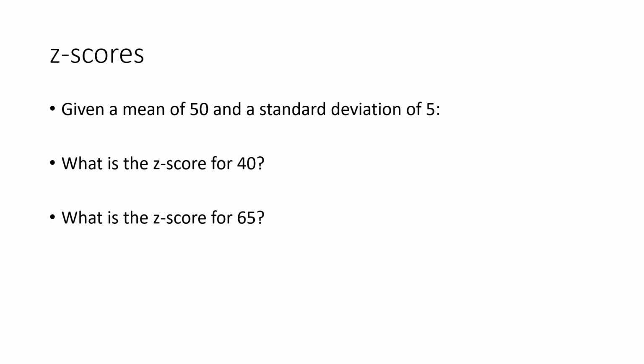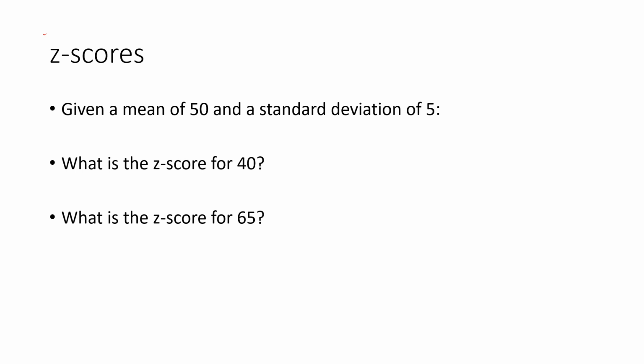The next is z-scores. So for z-scores, very simple things. We're not going to cover it too much, but given a mean of 50 and a standard deviation of 5, what is the z-score for 40?